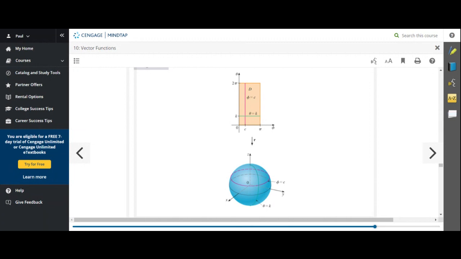So I'll ask you then, does that blue grid curve corresponding to theta equals k in this figure 7 go all the way around or just halfway around? Halfway around. Good, good, good.